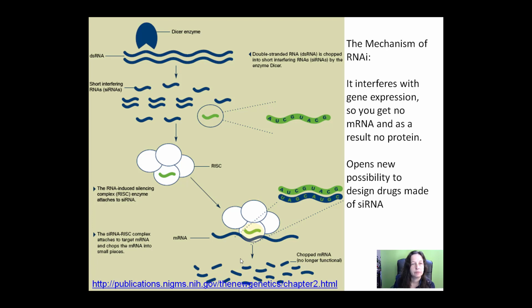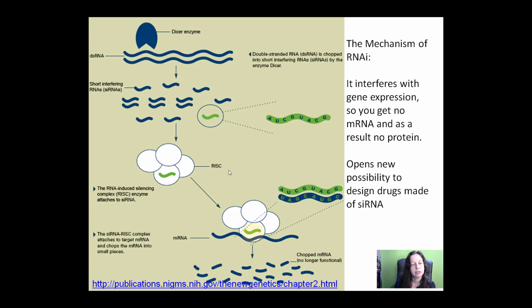So again, the mechanism is such that a gene encodes RNA, which ends up looking like this double-stranded RNA. A Dicer enzyme comes in and cuts it into short siRNAs or microRNAs.